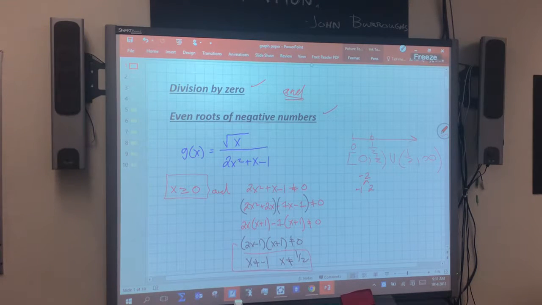I'm going to graph this for you real quick while you're writing that down. Square root of x divided by 2x squared plus x minus 1.